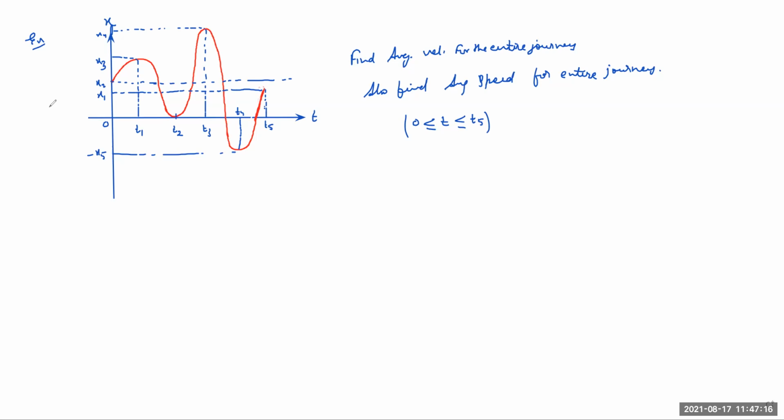Sir, for velocity we have to find a slope, right? So how can we directly find the slope of all these things?